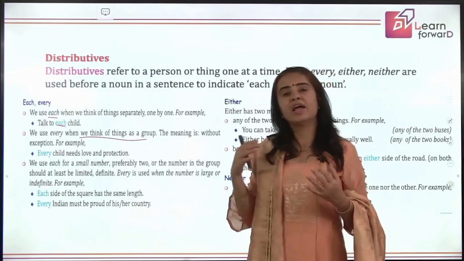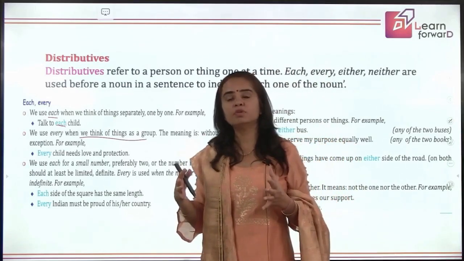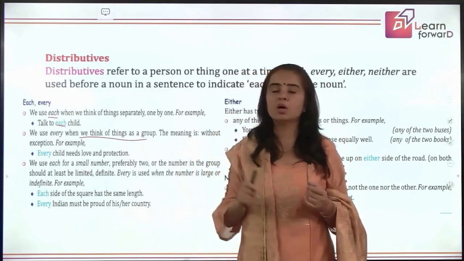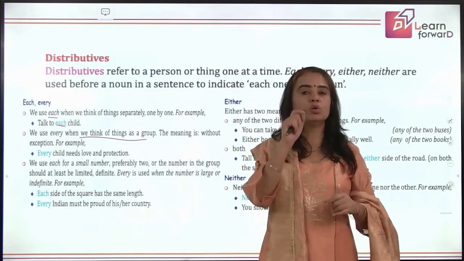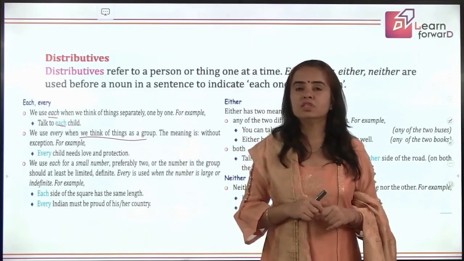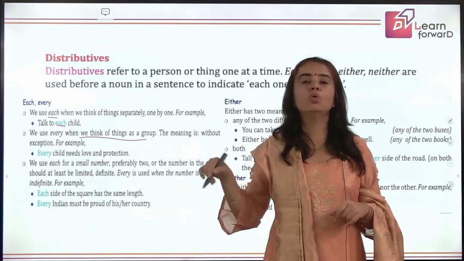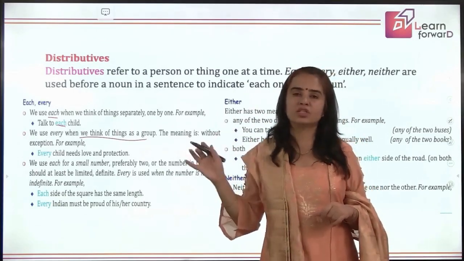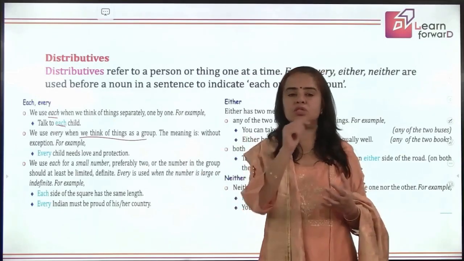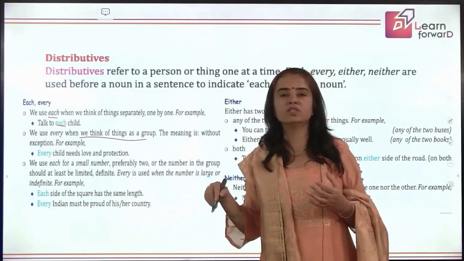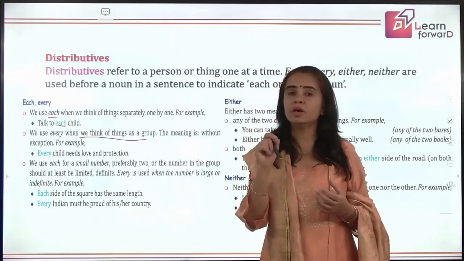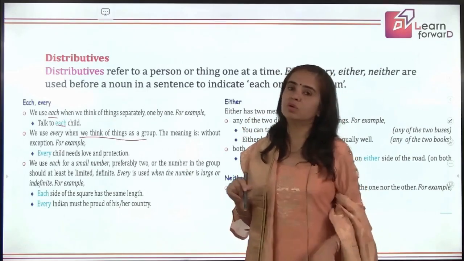If you say, I have read each word of the composition, that means you didn't miss out any word there. So you read it word by word. But if you say, I have read every word of your composition, that means you go for it in a stretch, right? So it might be you just marked out something, you left something, but you are not so particular as you are when you refer to each.